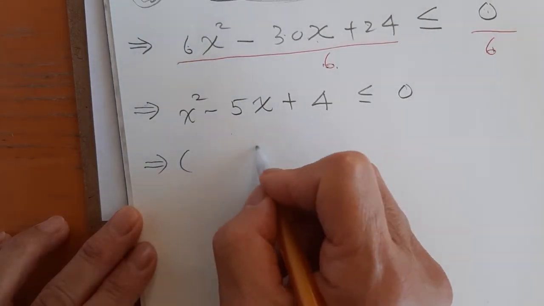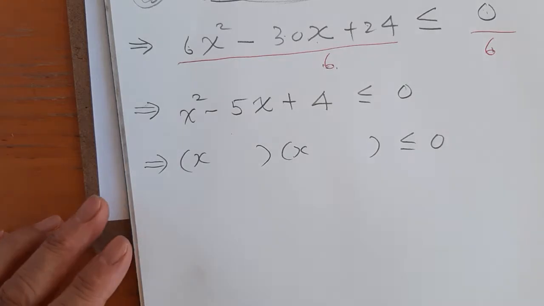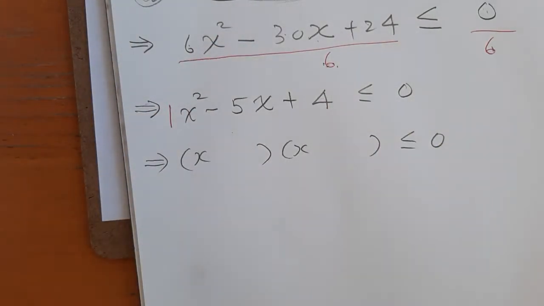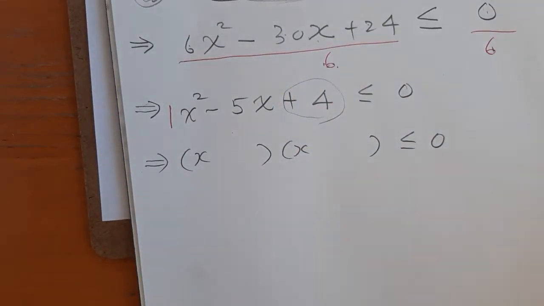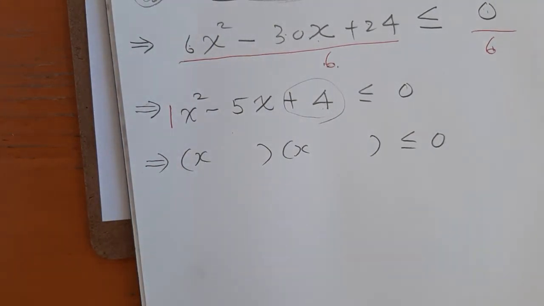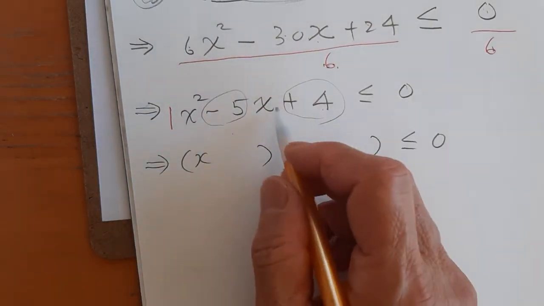Then factor it. Since this leading coefficient is 1, you just need to find 2 numbers that multiply together to give the constant term, and that add together to give negative 5, the x term coefficient.